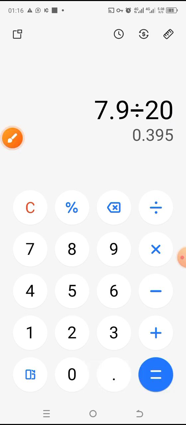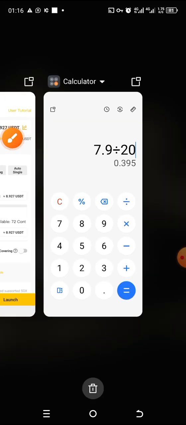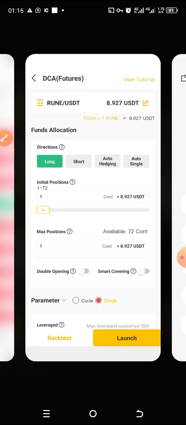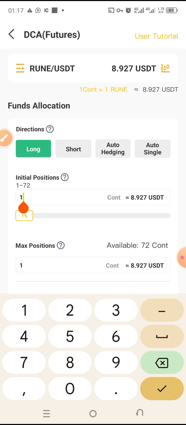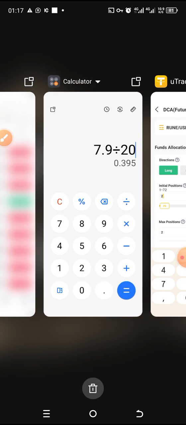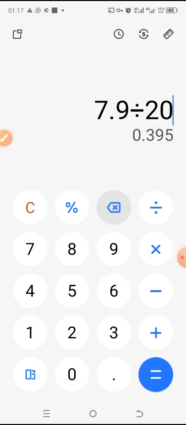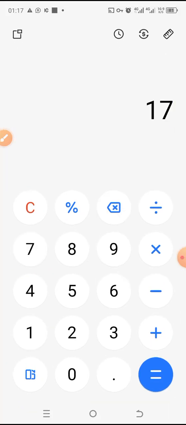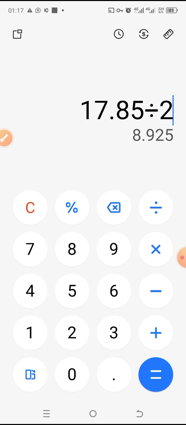So let's increase this. Let's go back and increase this to 2 counts. Okay, 2 counts will give us 17.85. Let's try 17.85 divided by 20.